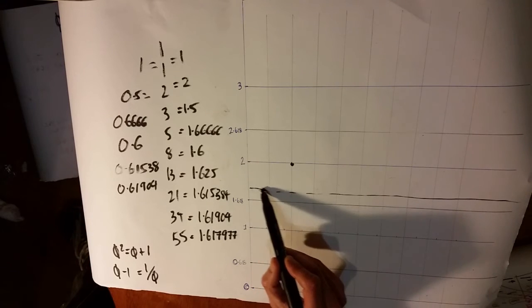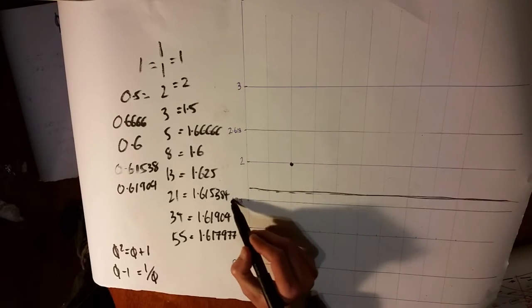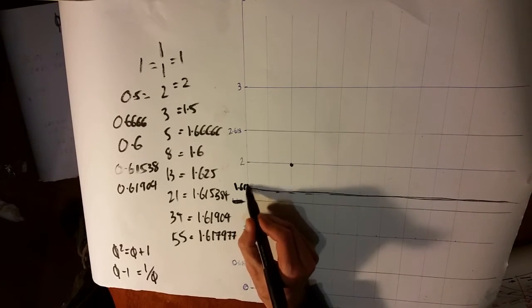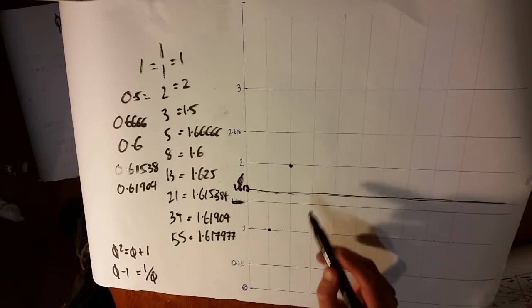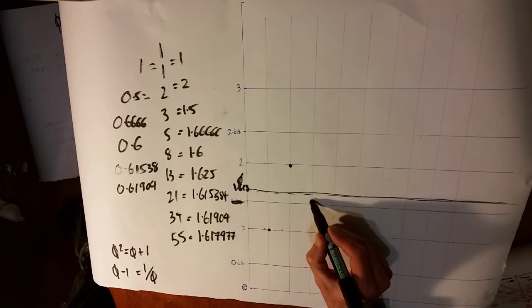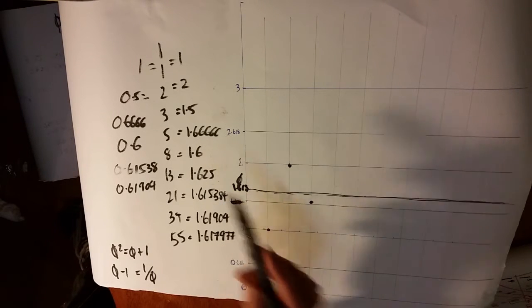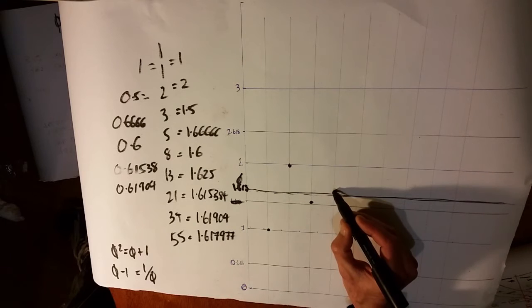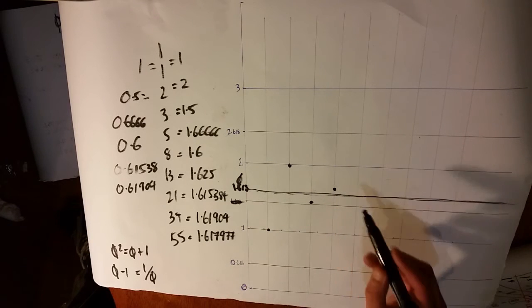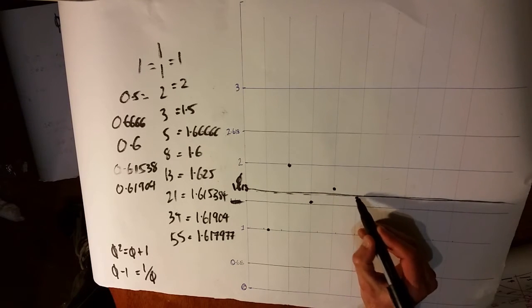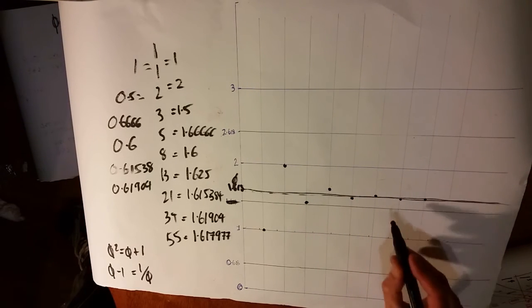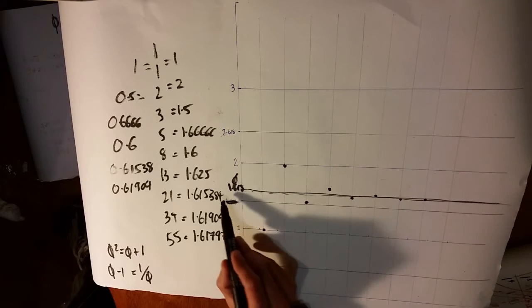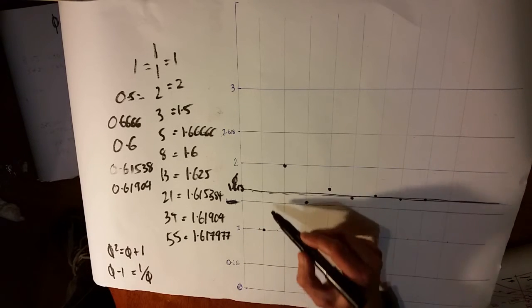This black line should represent 1.618 or phi. So 1, then 2, then 1.5, 1.666, then 1.6, and 1.615, and it's going to get closer and closer to this number of 1.618.